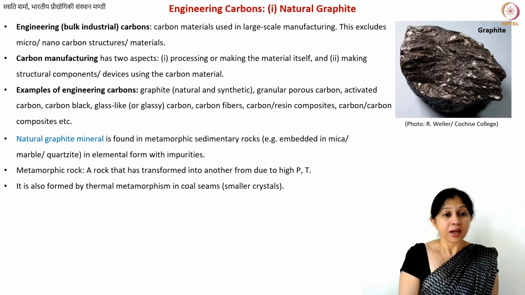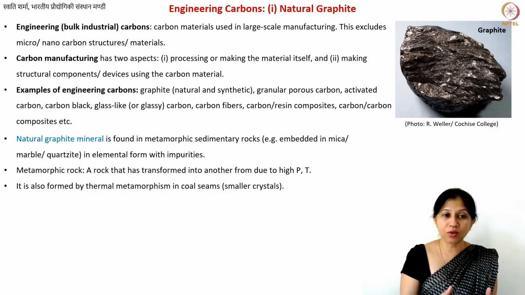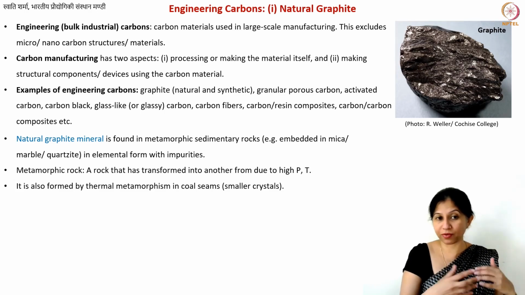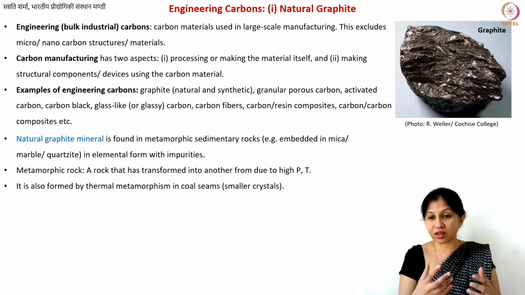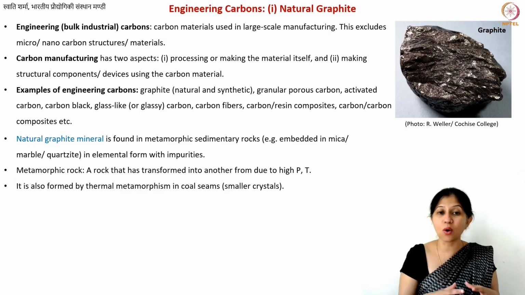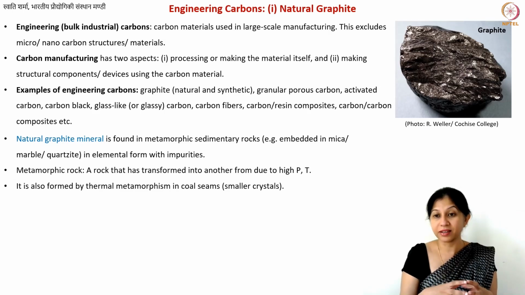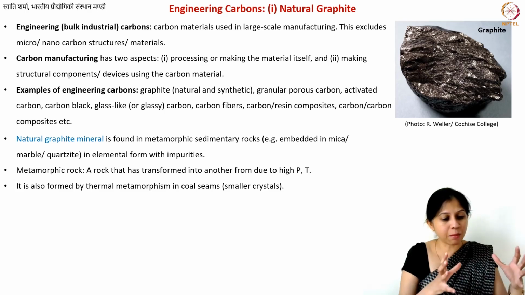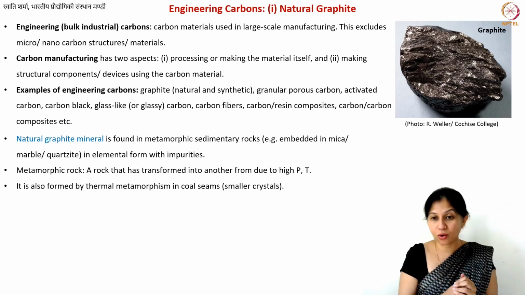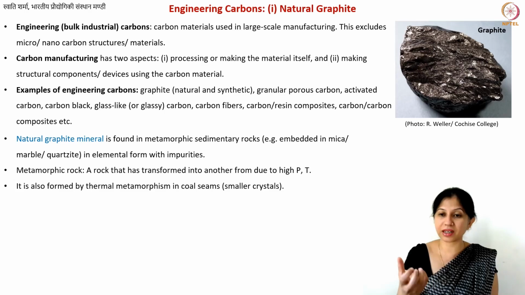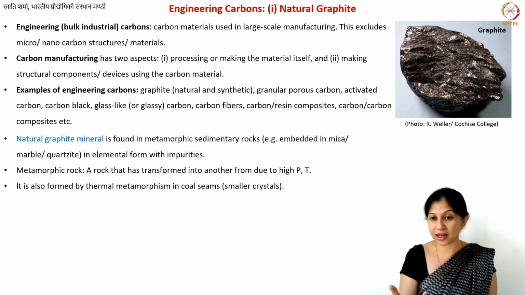Okay. Now, this can also be formed by what is known as thermal metamorphism. Thermal metamorphism is again the transformation because of heat, but in the coal seams. You will often find different types of solid carbons also when you have a petrochemical refinery, and when you're mining coal, you will often find some fraction of that coal which has converted into graphite because it experienced a very high temperature at some point.